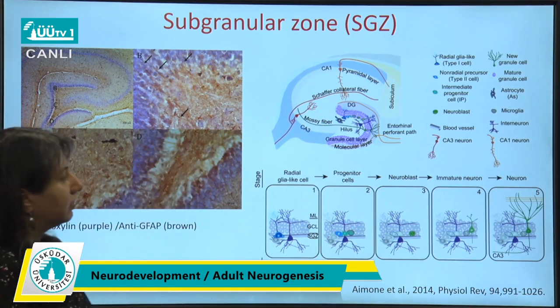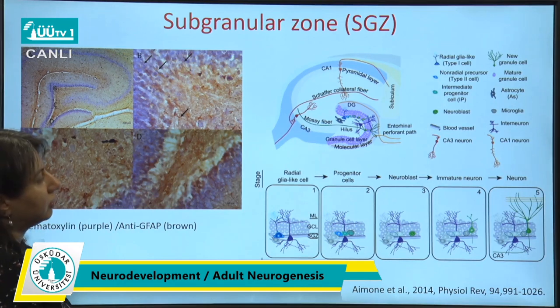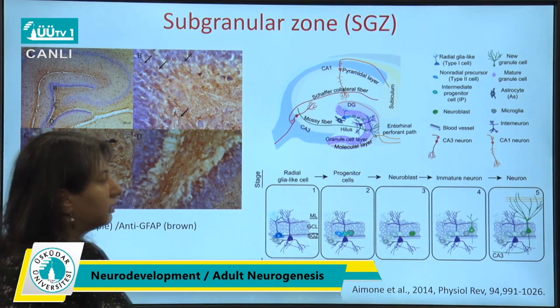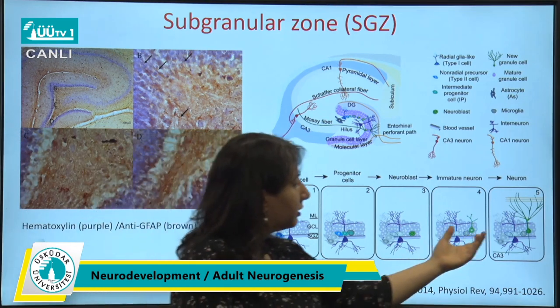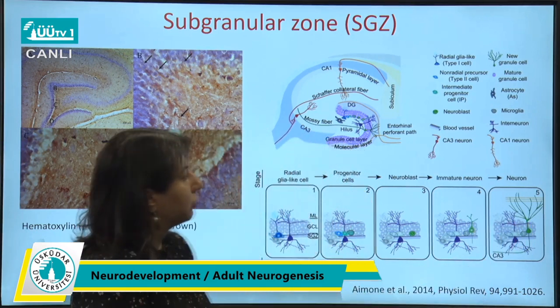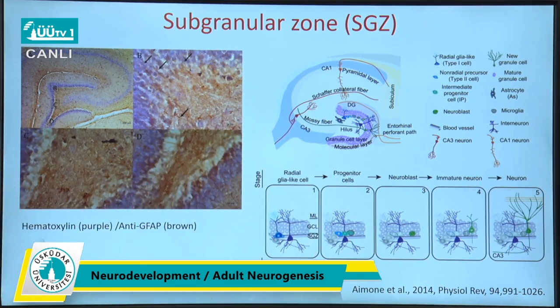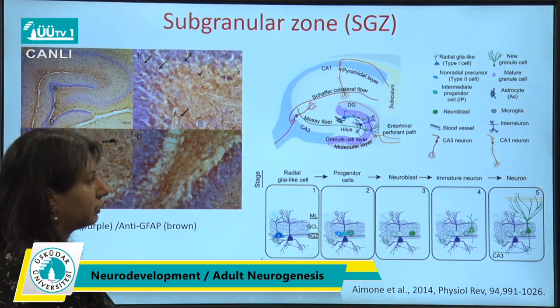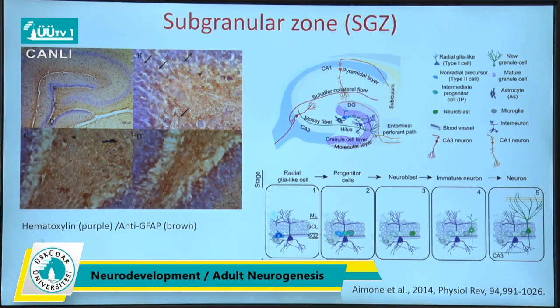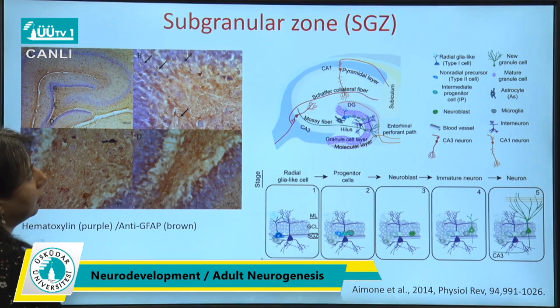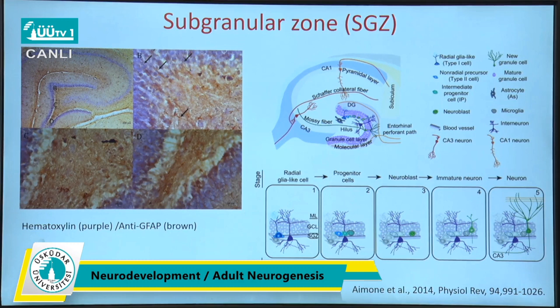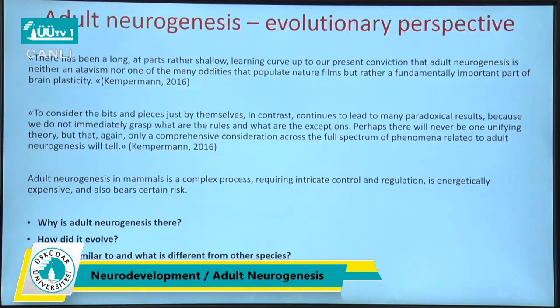When the neuroblast is finally differentiated into an immature neuron, this immature neuron will vertically migrate into the granule cell population immediately above the subgranular zone, and there we will see neurite growth and synaptogenesis, and when there is enough input, both excitatory and inhibitory, these cells will mature and be integrated into the neural network of the hippocampus. This is a summary of the structure of the subgranular zone.